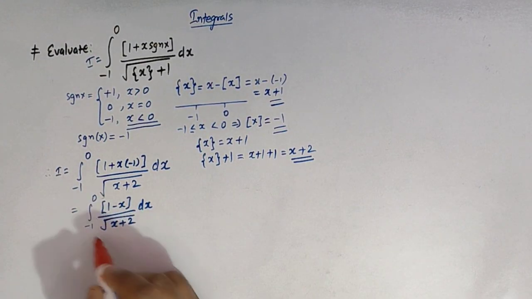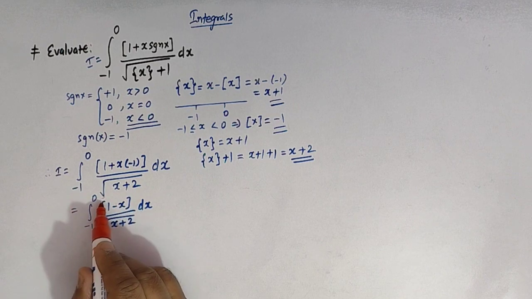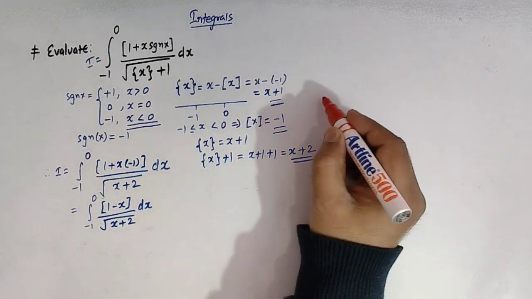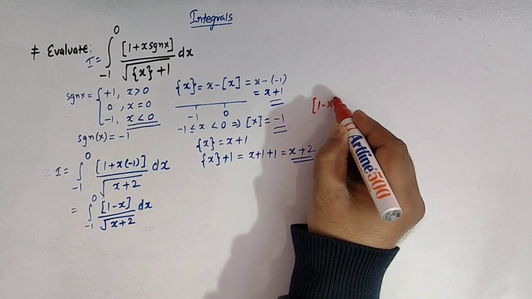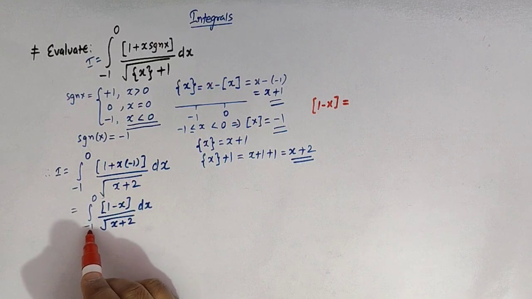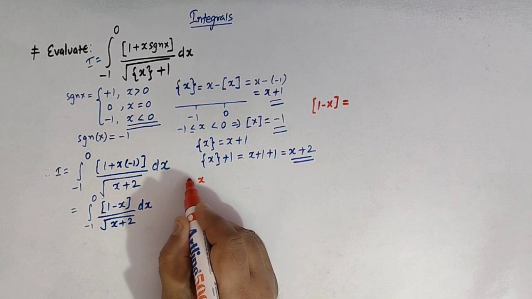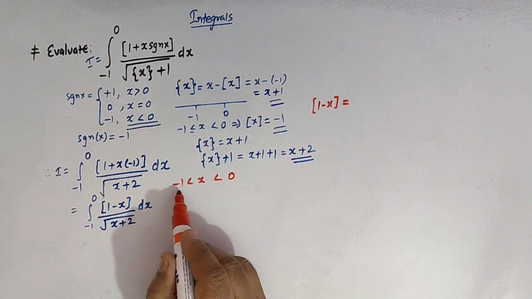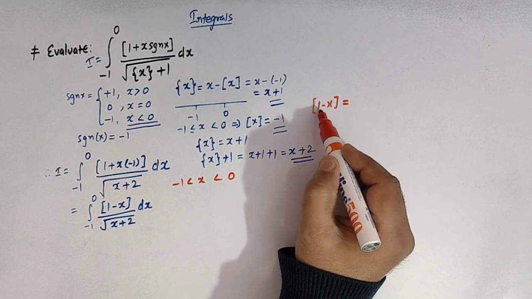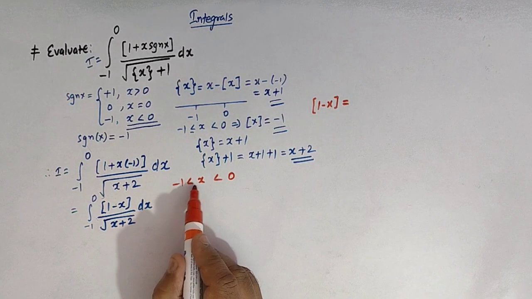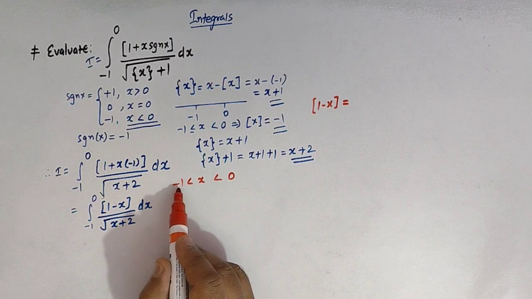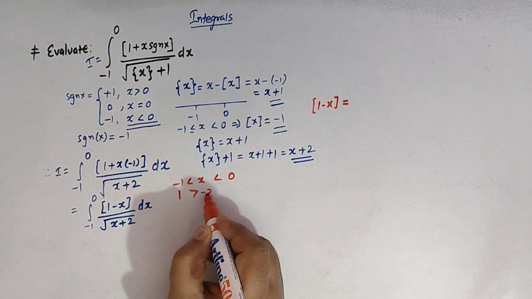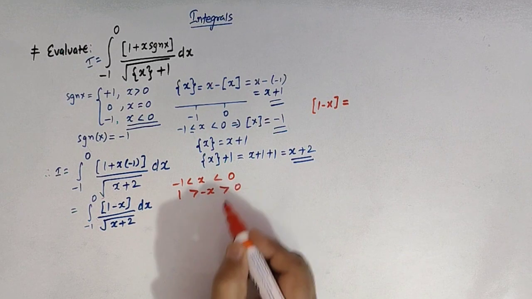In this integral we have in the numerator the greatest integer of 1 minus x. Let us find its value when x goes from -1 to 0, so x lies between -1 and 0. To find the value of the greatest integer of 1 minus x, we multiply this inequality by -1, so we have 1, and the direction of the inequality gets reversed, so we have 0.